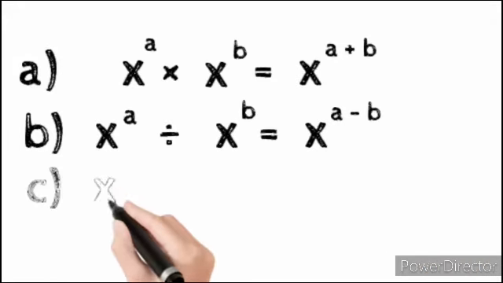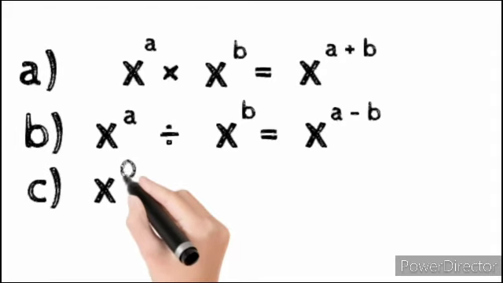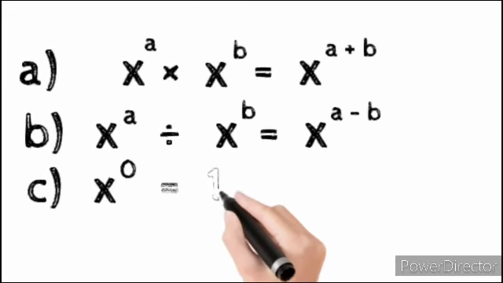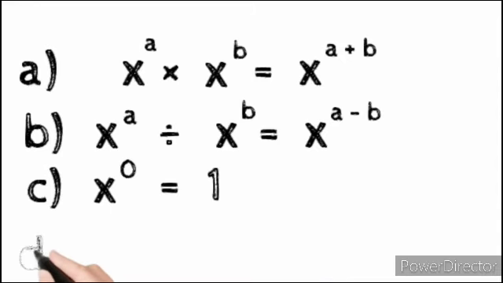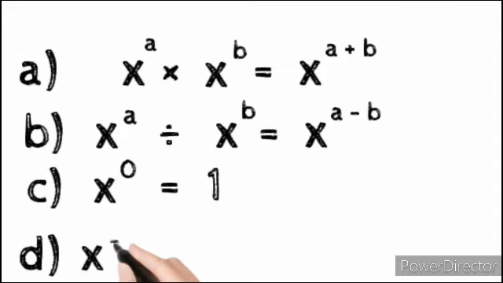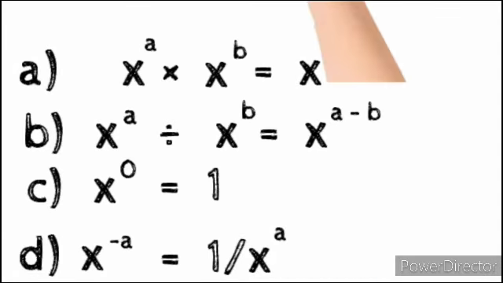The third basic law says x raised to power 0 is equal to 1, where x is not equal to 0. The fourth law says x raised to power minus a is equal to 1 over x raised to power a.